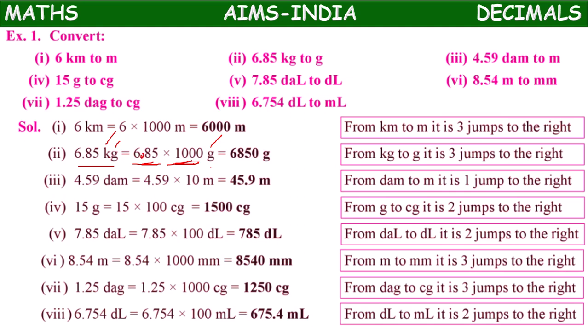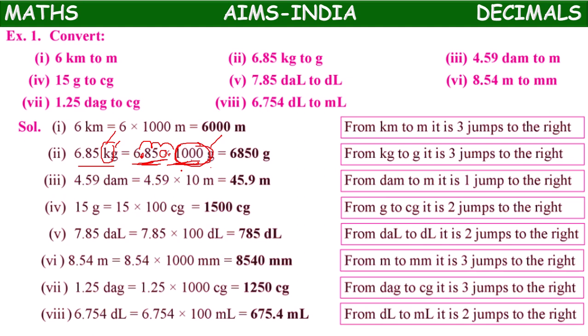As we have a decimal point here and 3 zeros here, to remove this 1000, the decimal point has to be shifted 3 places. 1, 2, there is no third place, so we can take a 0 here. Here we have to keep the point. Means 6850 point.